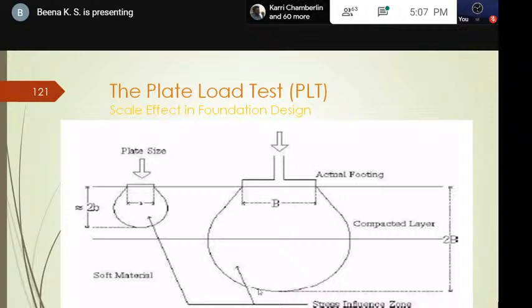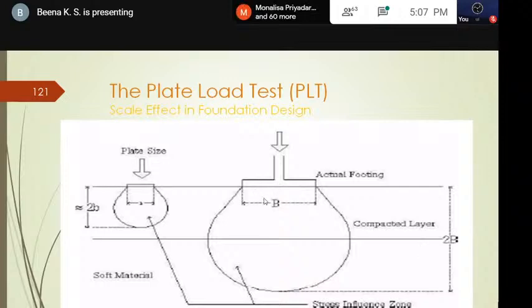So the soil responsible for supporting the plate will be in this region only, whereas in the actual case, the soil in action will be in this larger region. So if there is a soft material here, the strength will not be the same as we expect from the plate test. The stress influence zone is the major concern when we use a plate load test.